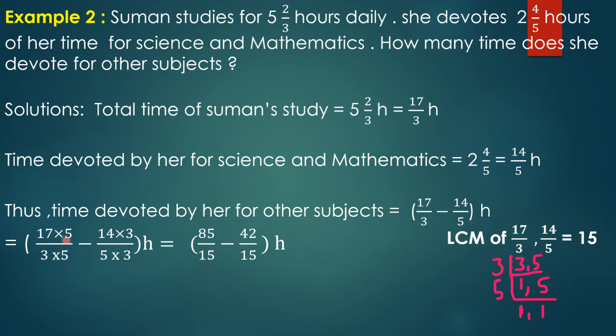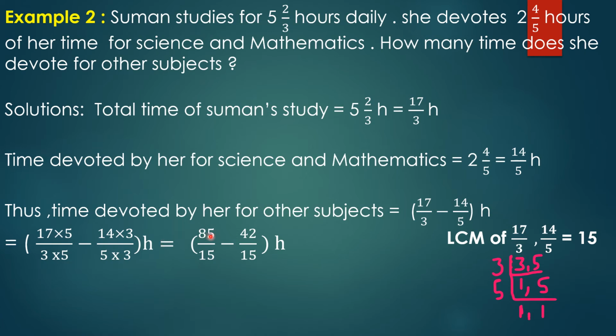Therefore 17 into 5 divided by 3 into 5 minus 14/5, the denominator also should be 15, therefore 5 should be multiplied by 3. And the numerator also should be multiplied with the same number. Therefore, this will become 14 into 3 divided by 5 into 3 hours.